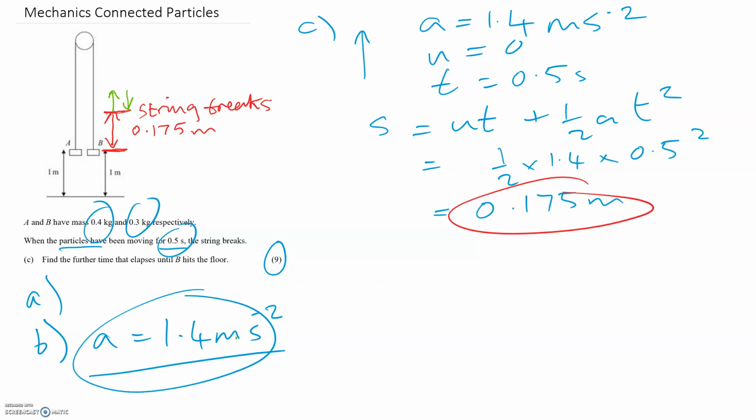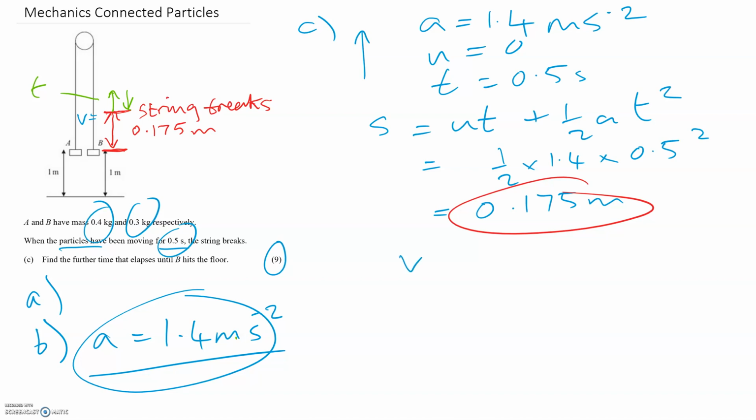In order to work out this time here, we need to know how fast it's traveling when the string breaks. To find that, we need to work out what the velocity is before the string breaks.